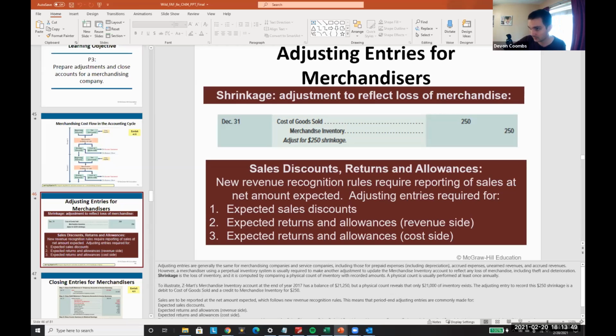That's all we have to do. That's the point of accounting, to make sure that on our balance sheet, everything's correct. That difference is just going to be called an adjusting entry for shrinkage. Shrinkage is a nice word for saying, hey, someone probably stole it, or we lost it, or someone messed up. And so cost of goods sold would increase and our inventory would decrease. We treat it as a part of cost of goods sold.